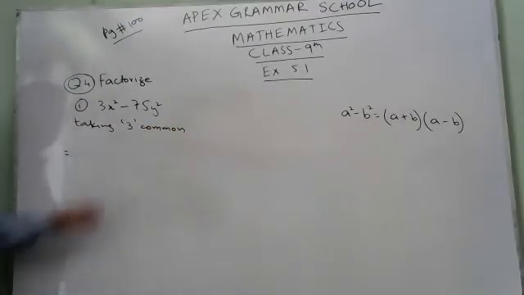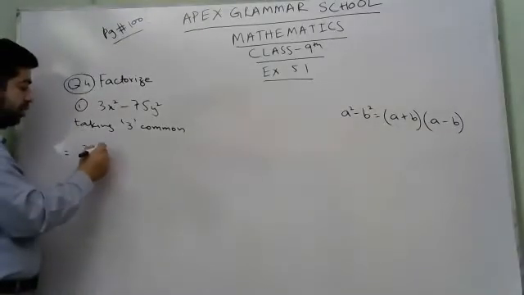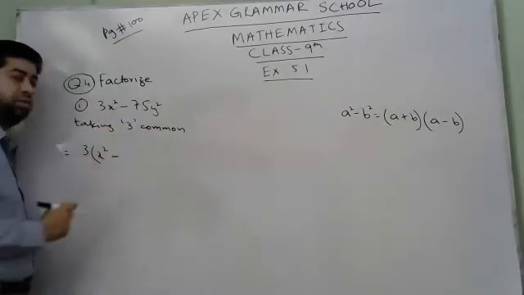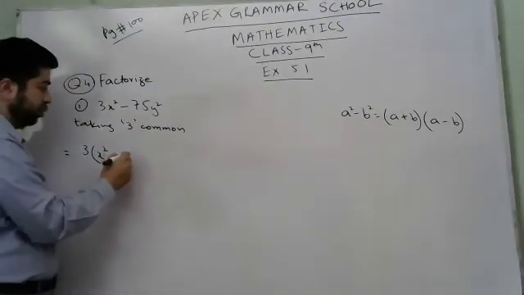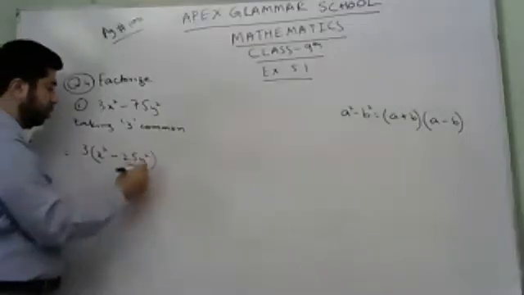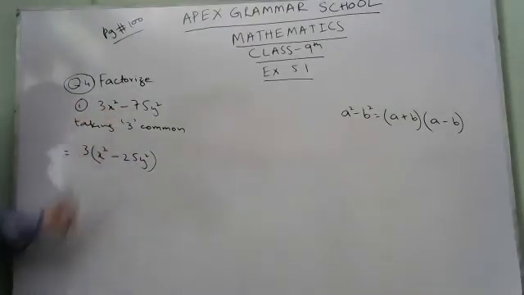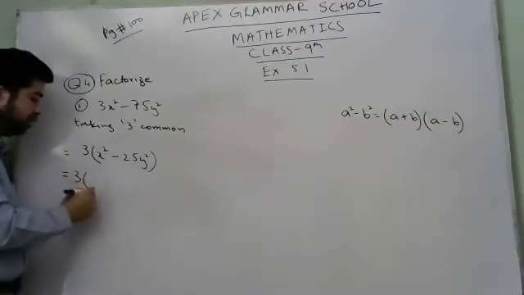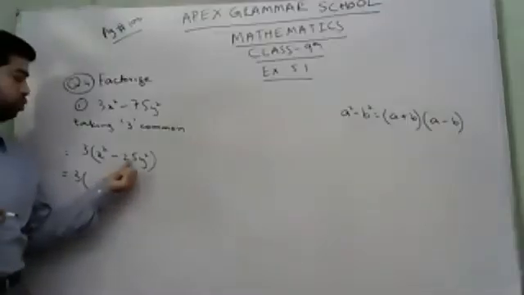After taking 3 common, 3x squared minus, 3 multiplied by 25 will be 75, so 25y squared. We have already taken 3 common here. So look at this position, x squared minus 25y squared.